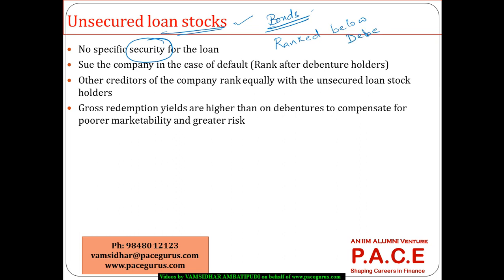What can typically happen is, in case the company has defaulted, they can only sue the company. And after the payment happens to all the senior debt holders, like debenture holders and all, only after them will the payment for these unsecured loan stock holders come up, which means along with other creditors of the company.